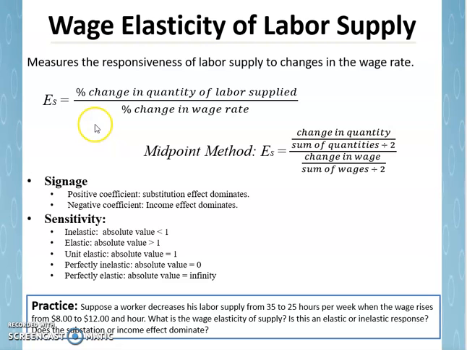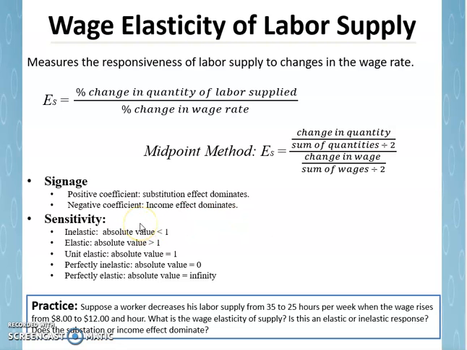If you have a positive increase in labor supply, then it must be that wages went down. Or if you have a negative change in labor supply, it went down, that comes from a positive change in wages. So this inverse relationship would mean that the income effect dominates. As wages go up, people would be working less.